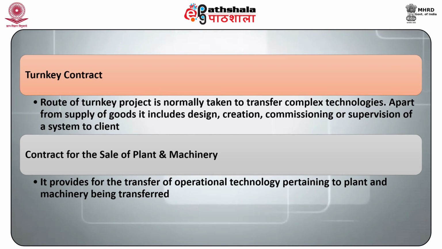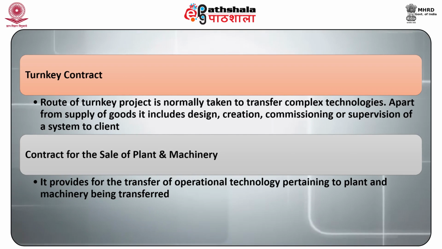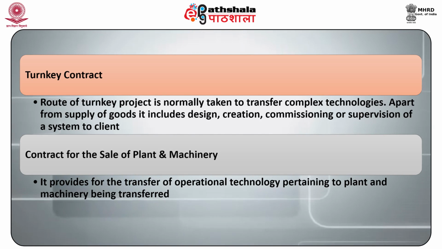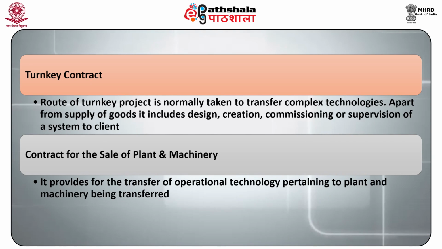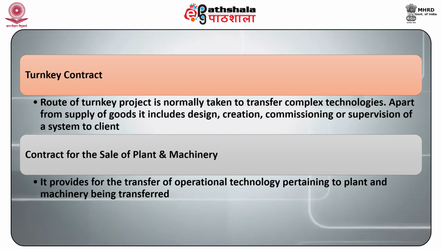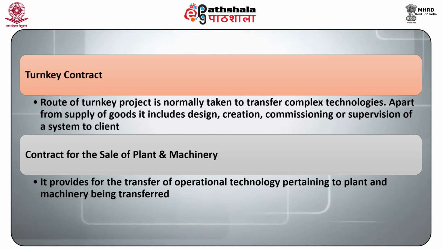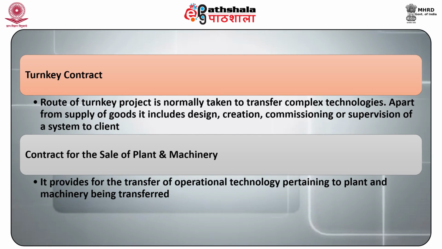Apart from the supply of goods, it includes design, creation, commissioning or supervision of a system to a client. Contract for sale of plant and machinery. It provides for the transfer of operational technology pertaining to plant and machinery being transferred.